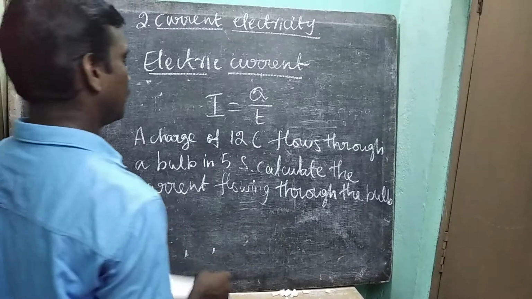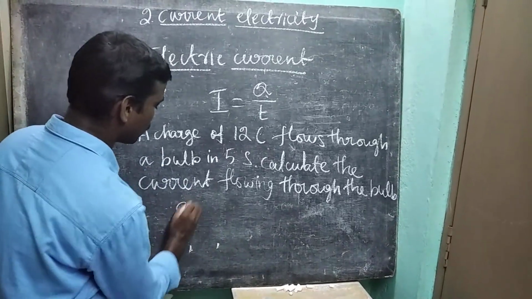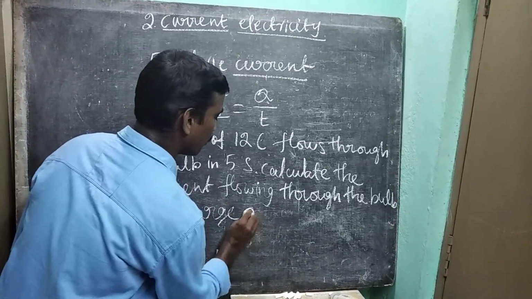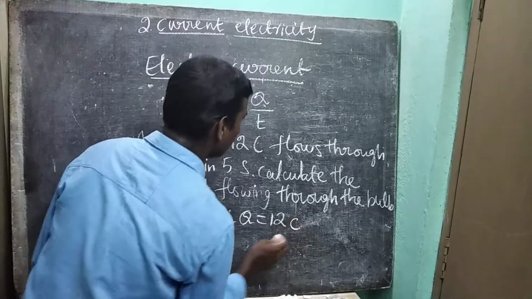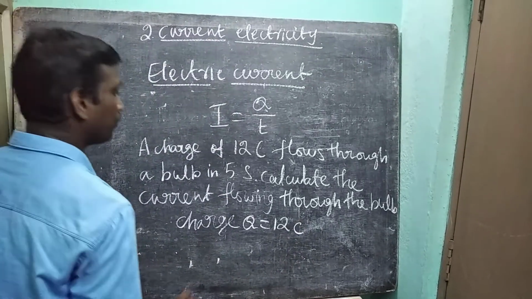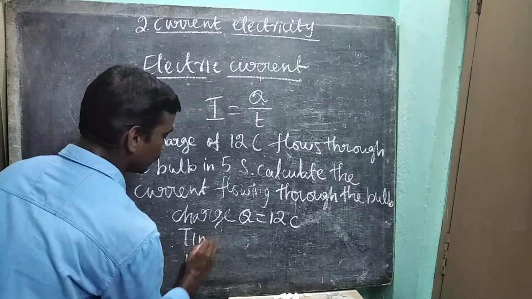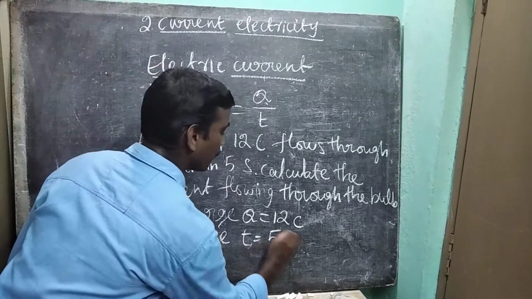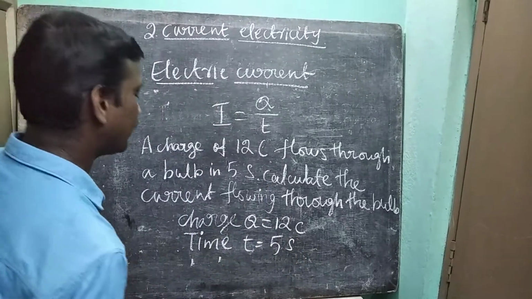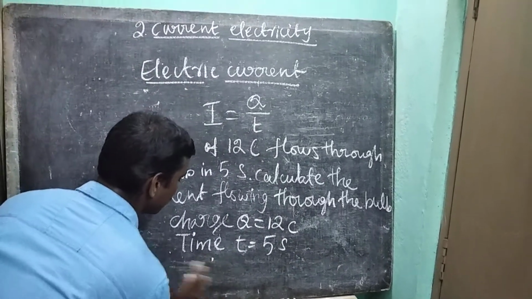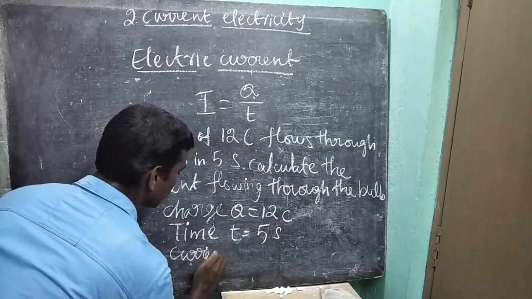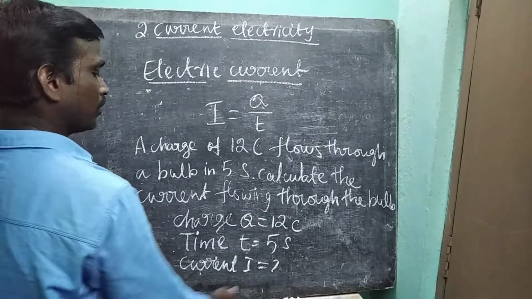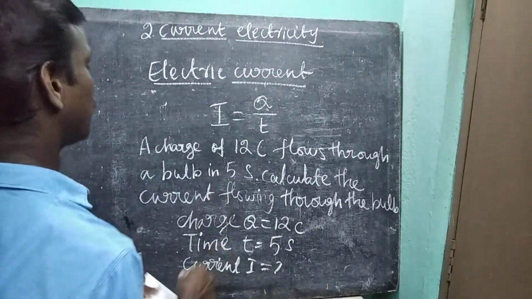From this question, given data: charge Q is equal to 12 coulomb, time T is equal to 5 seconds. Calculate current I. Substitute these known values in this equation.